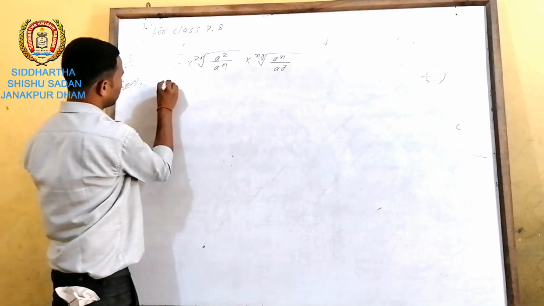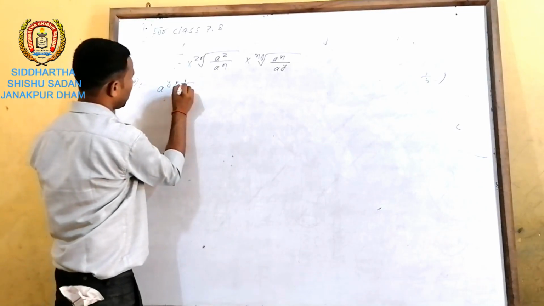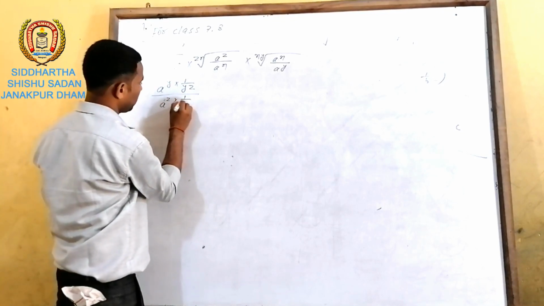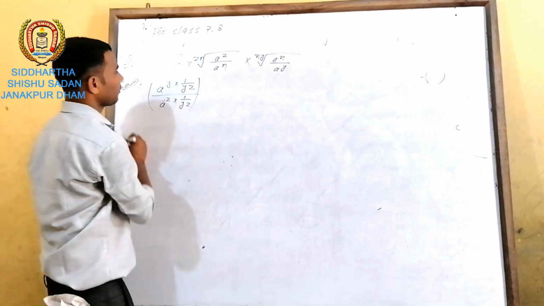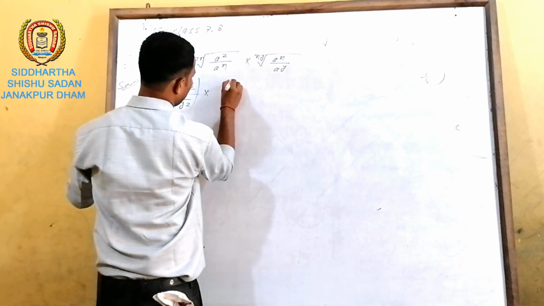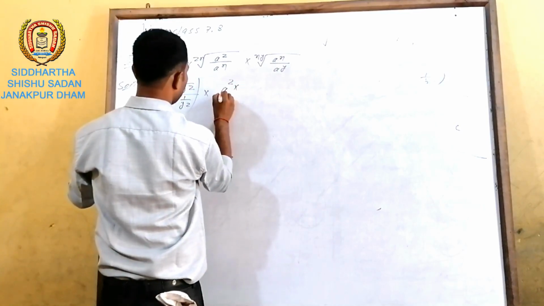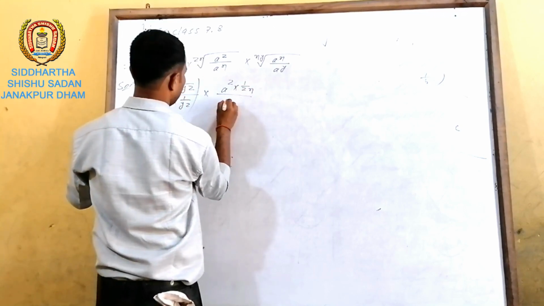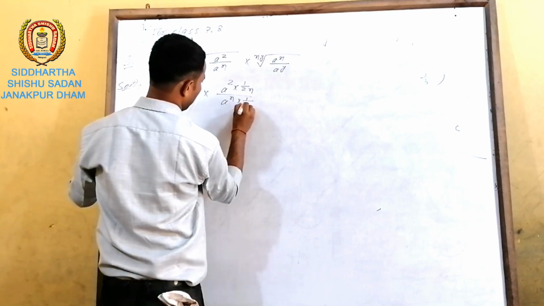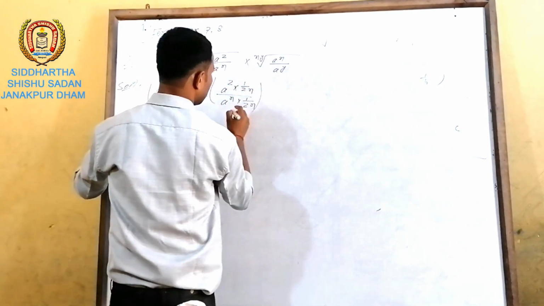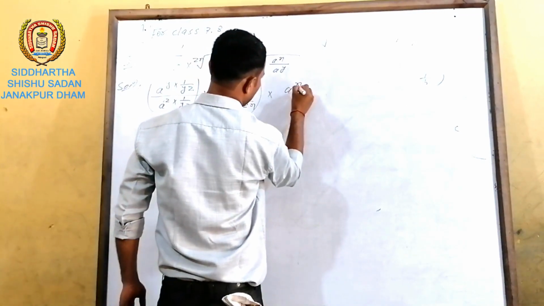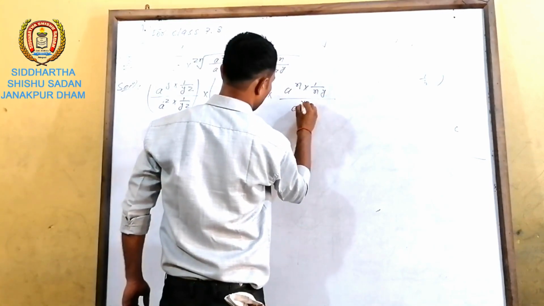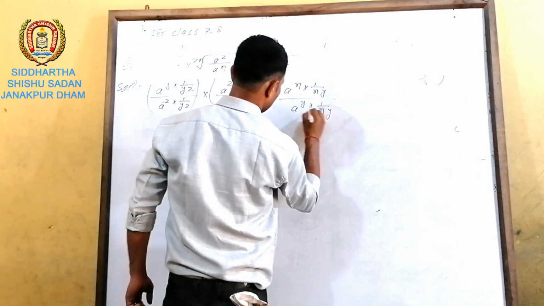Now a to the power y multiplied by 1 by yz, a to the power z multiplied by 1 by yz, a to the power z multiplied by 1 by zx, a to the power x multiplied by 1 by zx, a to the power x into 1 by xy, a to the power y into 1 by xy.